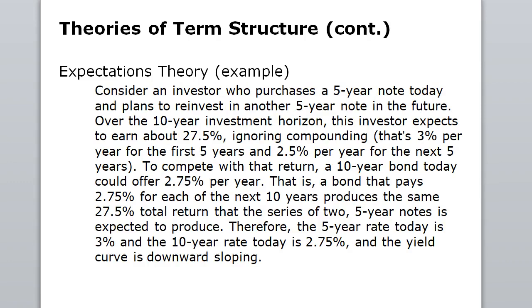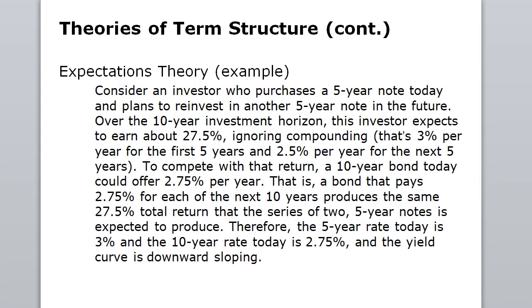So basically, consider the investor who purchases a 5-year note today and plans to reinvest in another 5-year note in the future. So over the 10-year investment horizon, the investor expects to earn about 27.5%, ignoring compounding. That is 3% per year for the first 5 years and 2.5% per year for the next 5 years.